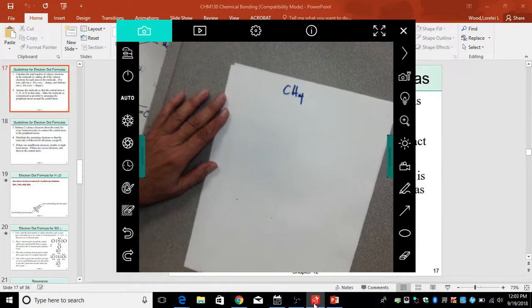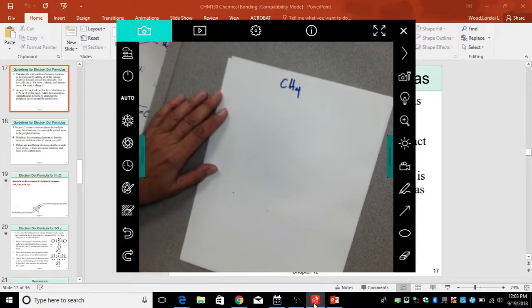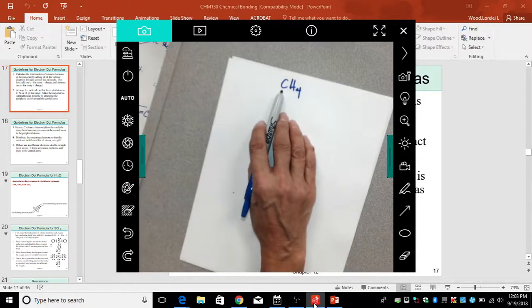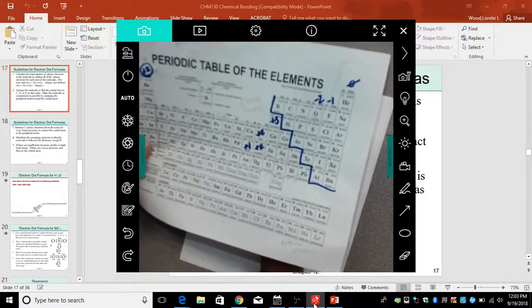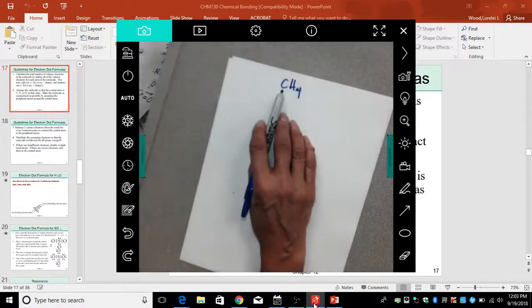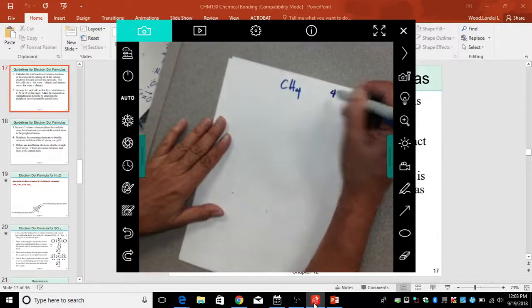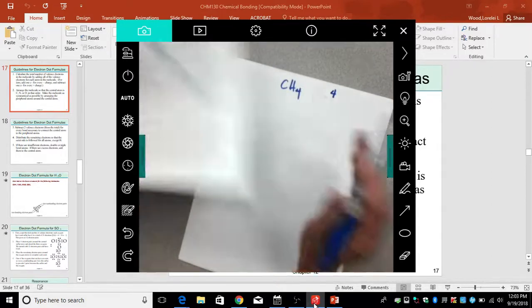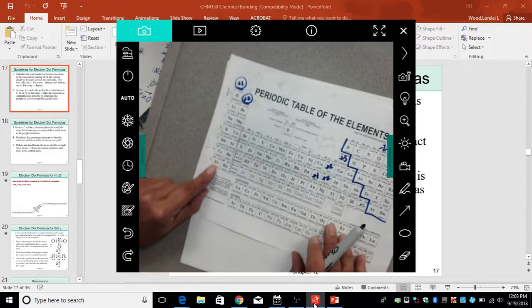So rule number 1 says you count the number of valence electrons in the whole entire molecule. So we have to do one atom at a time. Carbon on the periodic table is in group 4, so how many valence electrons is carbon going to have? 4 valence electrons, so we put 4 down, that's the first 4. Hydrogen, because it's in group 1, has how many valence electrons?